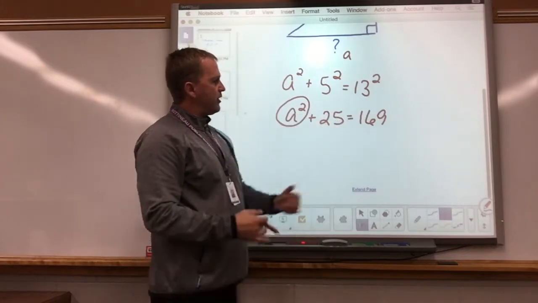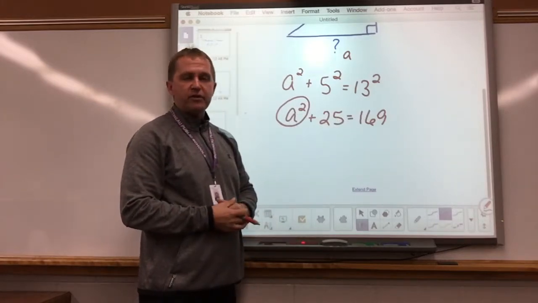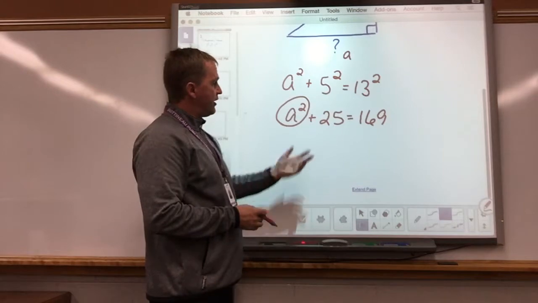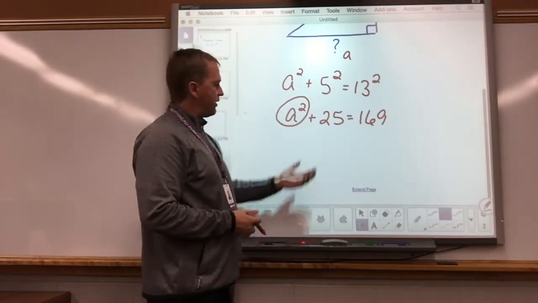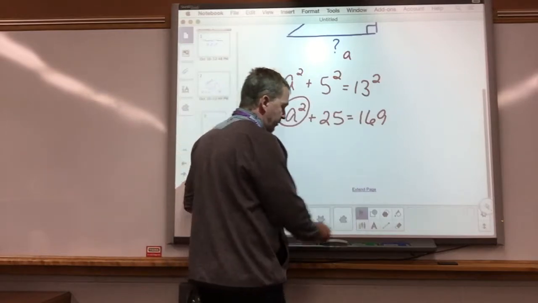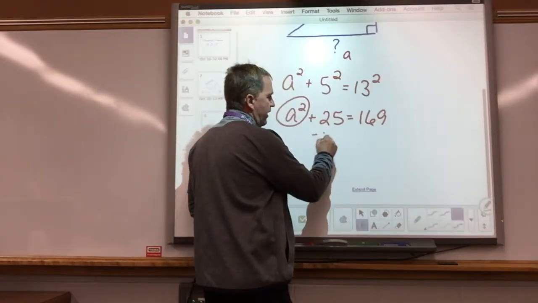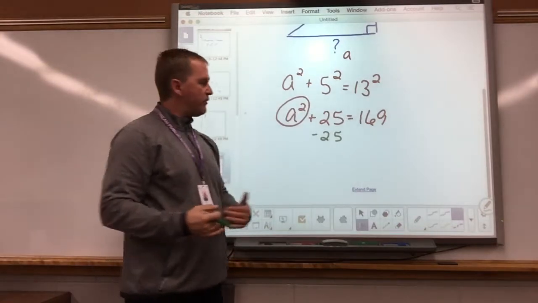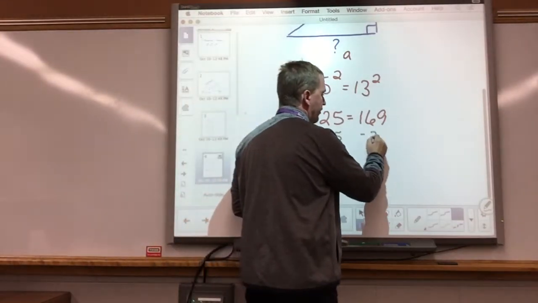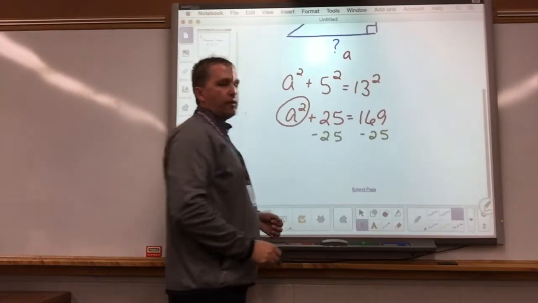I talked a little bit in a previous video that dealt with percent word problems that when you have an equation, what you do to one side, you must do to the other side. If I would like to get rid of this plus 25, I can do so by subtracting 25. But if I subtract 25 from one side of the equation, I have to subtract 25 from the other side of the equation.